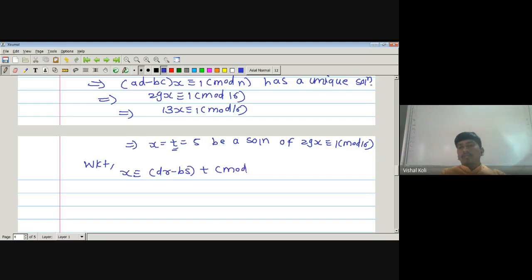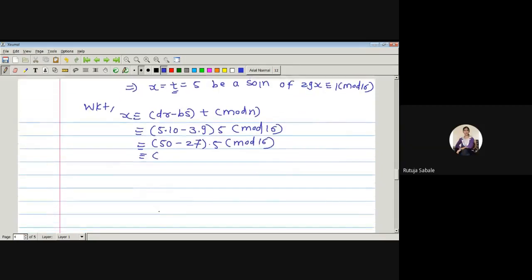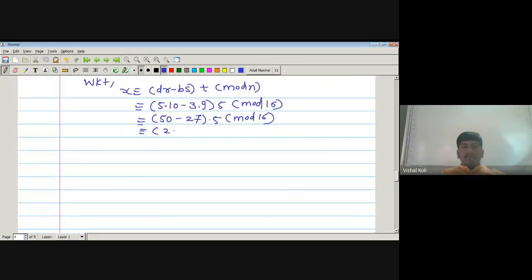Just we have to put the values of all these integers. d is 5, into r is 10, minus b is 3, s is 9, and t is again 5, modulo n is 16. 5 into 10 is 50, minus 9 into 3, 27, into 5 modulo 16, which is 50 minus 27, 23. 23 into 5 modulo 16.